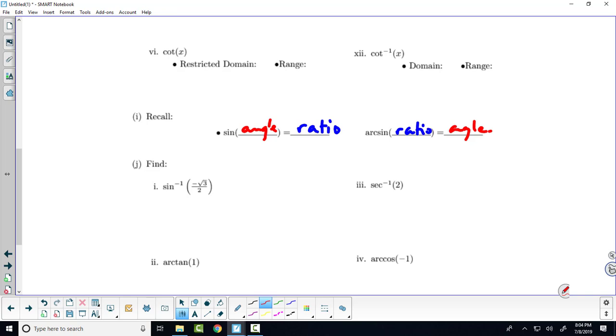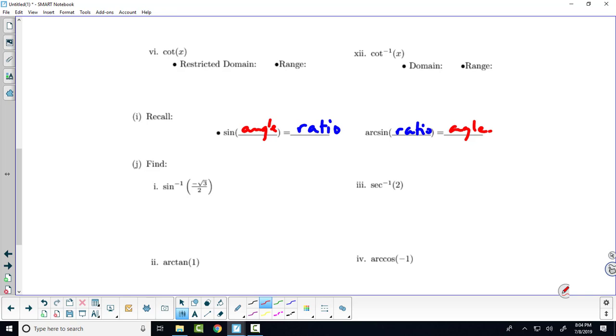Yeah, negative 1 to 1. What is the ratio we're talking about? The ratio of the opposite side to the hypotenuse. And the hypotenuse is always the longest, so the biggest that ratio could be is 1, or negative 1, or all values in between. So it makes sense that that's the domain.